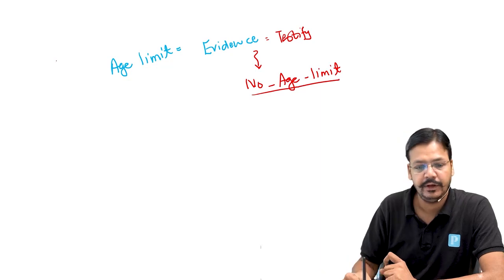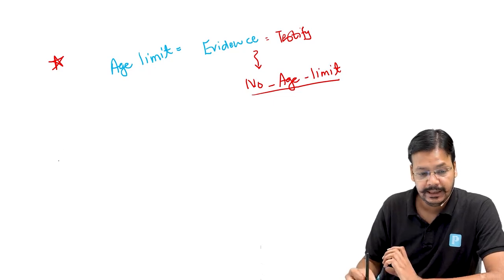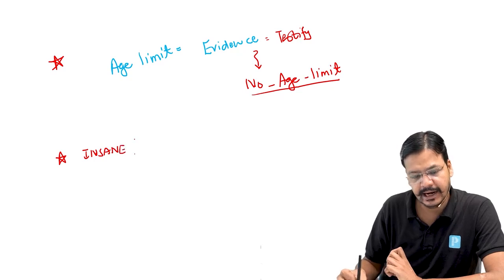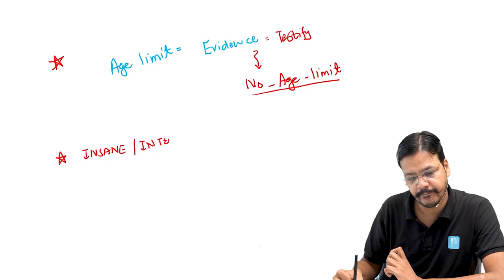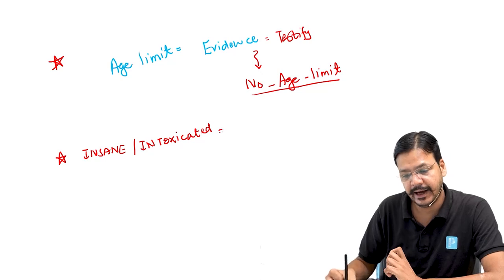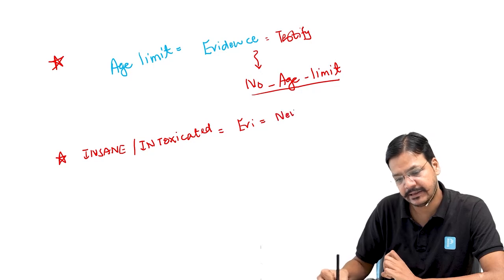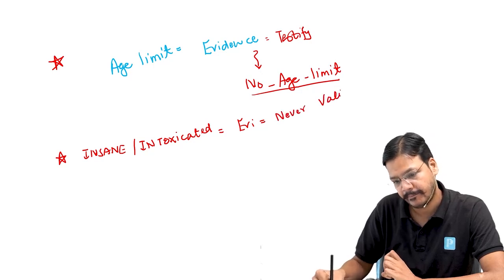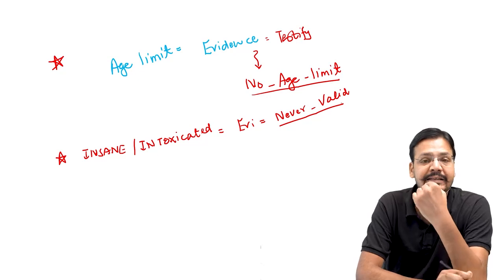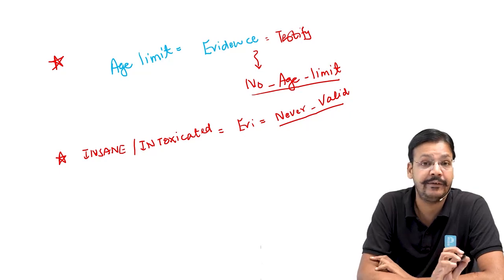There is no age limit for giving evidence and testifying in court. Insane person and intoxicated person, their evidence is never valid, invalid.